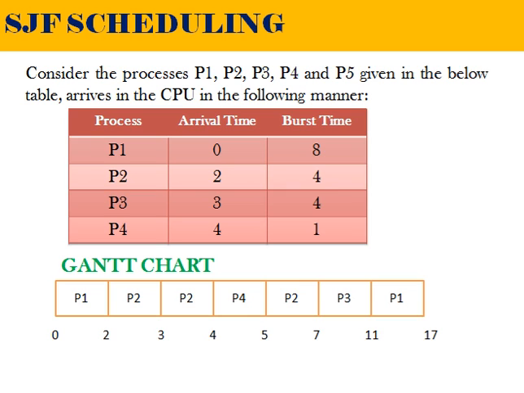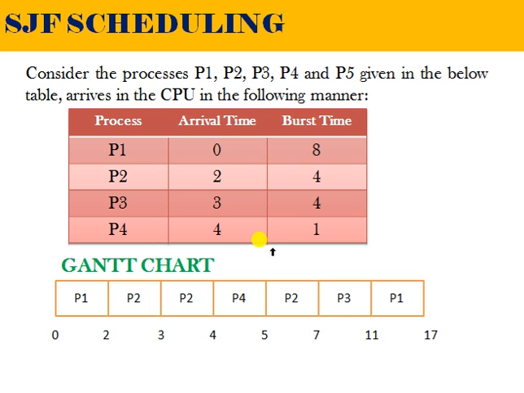Consider processes P1, P2, P3, P4 with their burst times 8, 4, 4, 1 respectively. All the processes arrive at different arrival times.